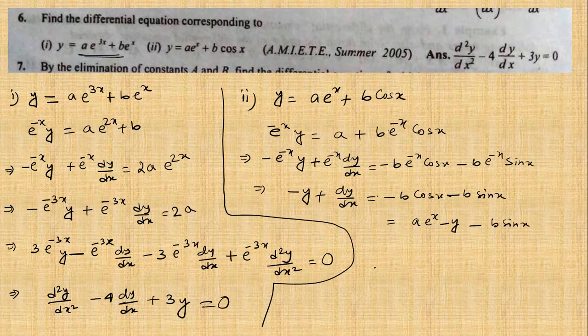So minus y cancels out, so dy dx is nothing but a e to the power x minus b sin x.